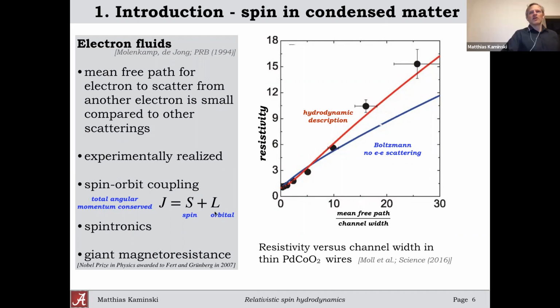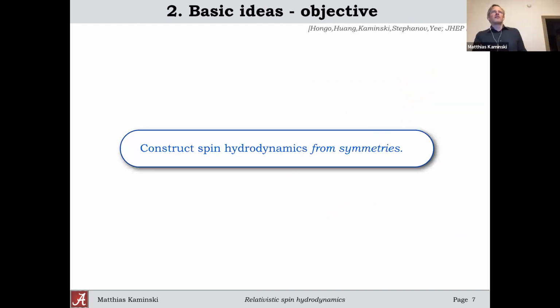Okay, you can ask me after the talk if you want me to explain more about this, but this was my introduction of why I think there are a lot of basic questions that need to be answered. There's an experimental need to get a better understanding of the experimental results that we have, and we might be able to propose some new devices and some effects in the realm of condensed matter physics.